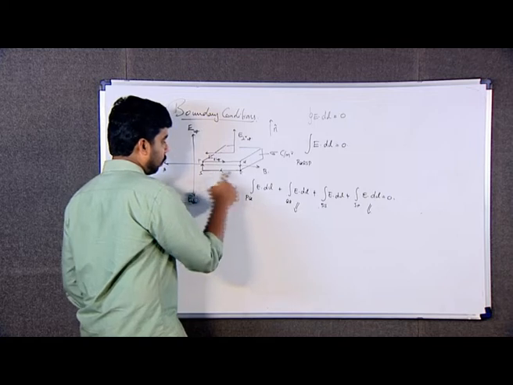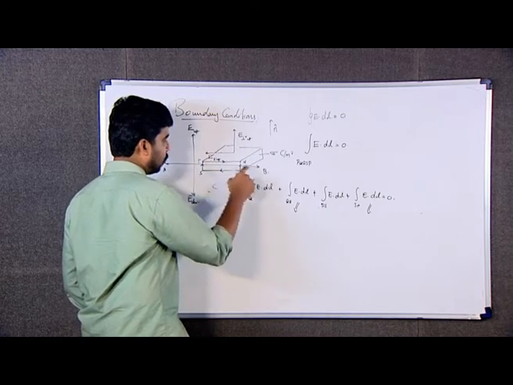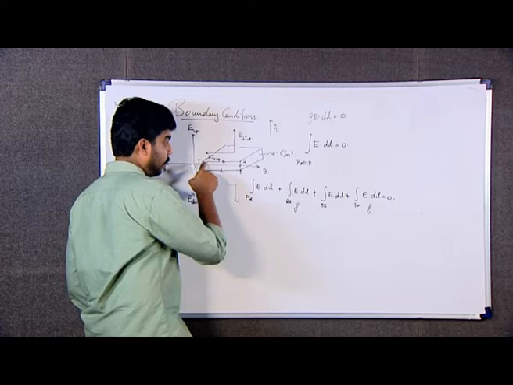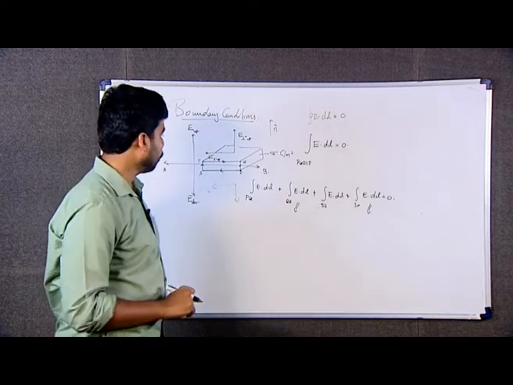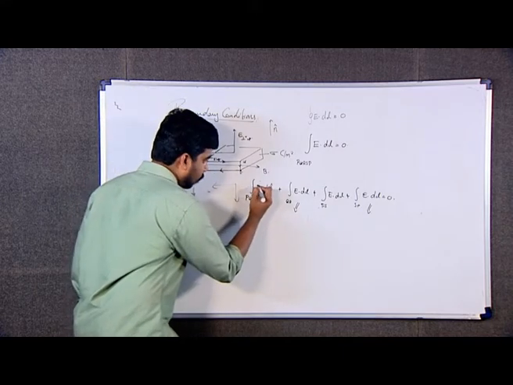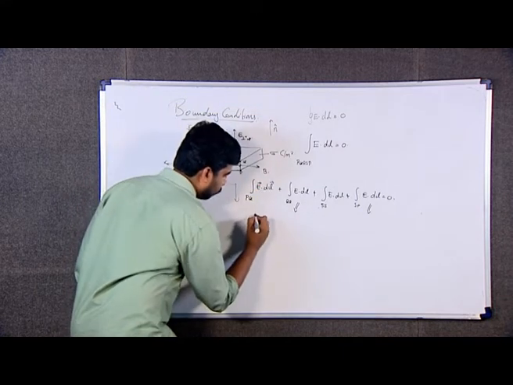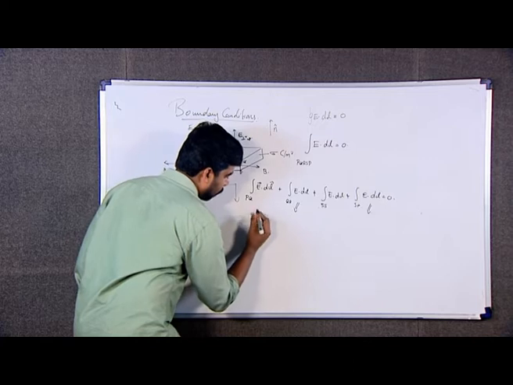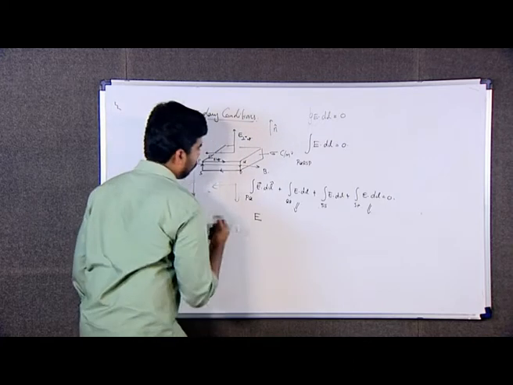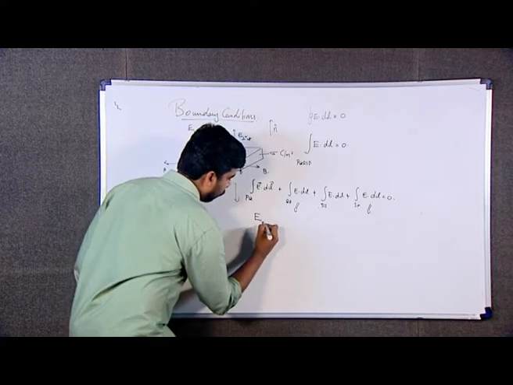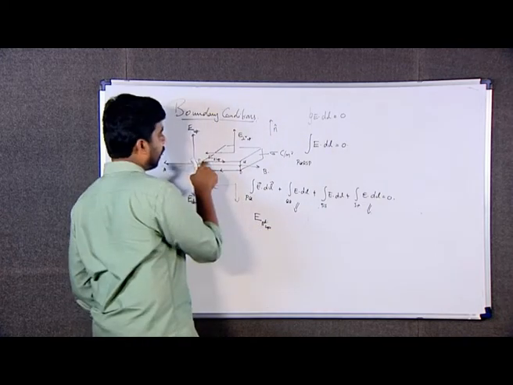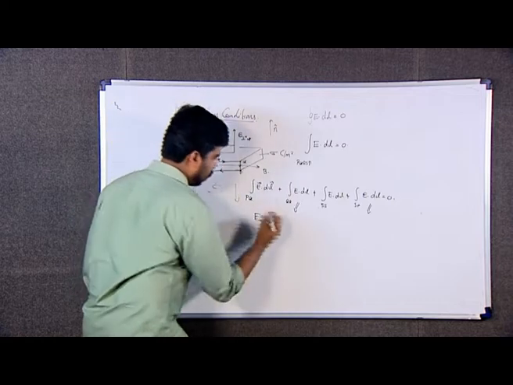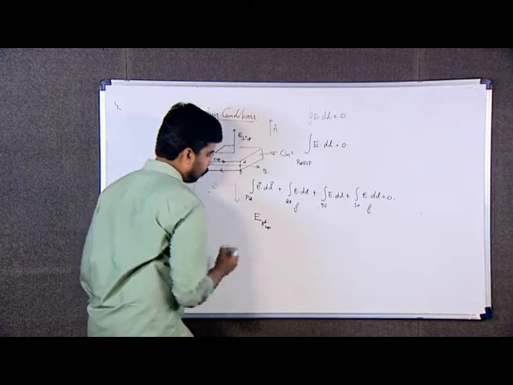And remember, if PQ is in the forward direction, then RS is in the reverse direction. So while taking the dot product, integral PQ will become E parallel up component into dl, which is in the opposite direction.